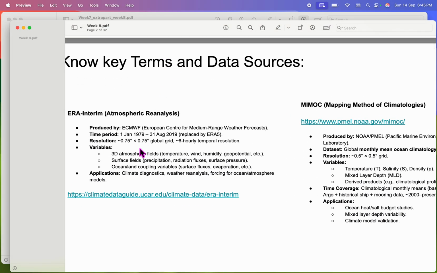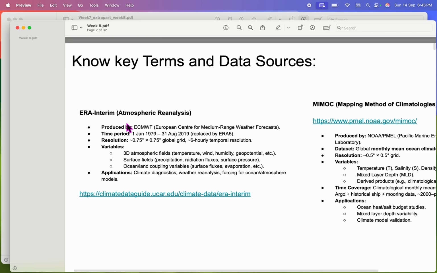Here in the figure, ERA-Interim is a website which has this velocity information. This velocity data has been taken at different latitude stations, or different phi stations, since 1979 until today, at a 6-hourly temporal resolution.